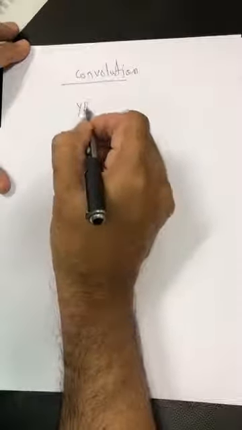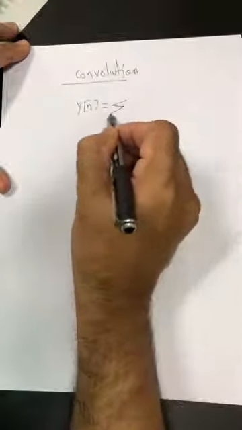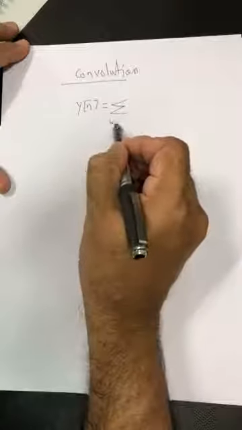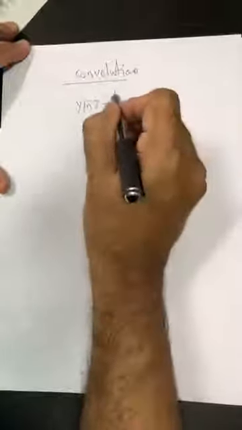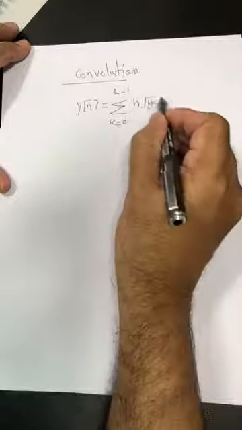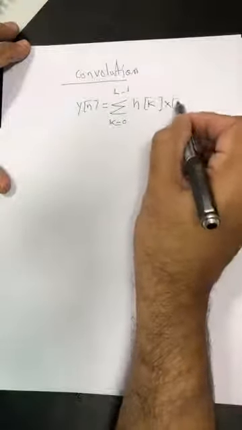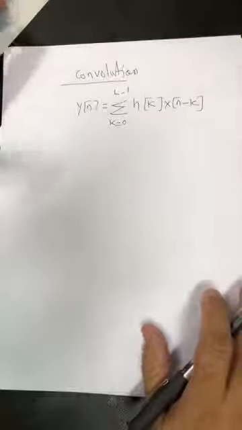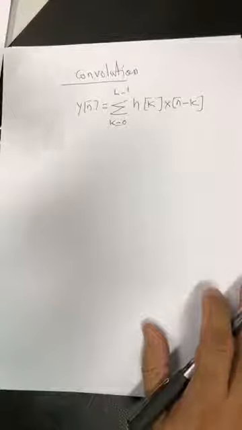Convolution summation, which says y of n is summation k goes from 0 to L minus 1 h of k x of n minus k. We have seen this equation so many times. What is difficult in implementing? Obviously a question comes to our mind.